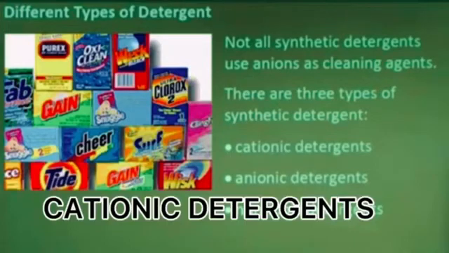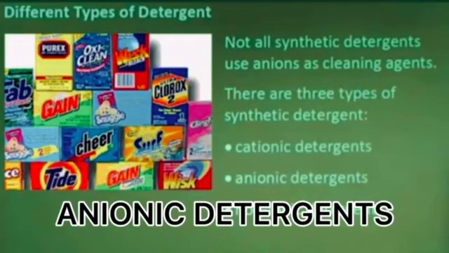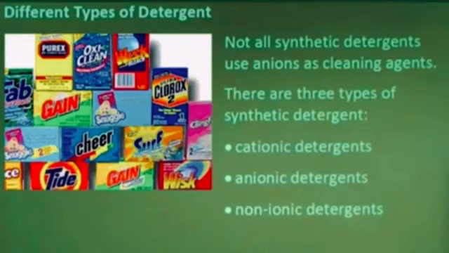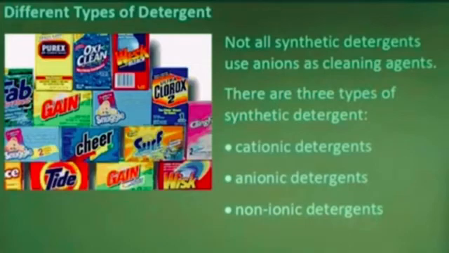We have cationic detergents, which implies a positive head. We have anionic detergents, which is what I just mentioned. And the last one is non-ionic detergents. We will go through what each of them is in a moment.